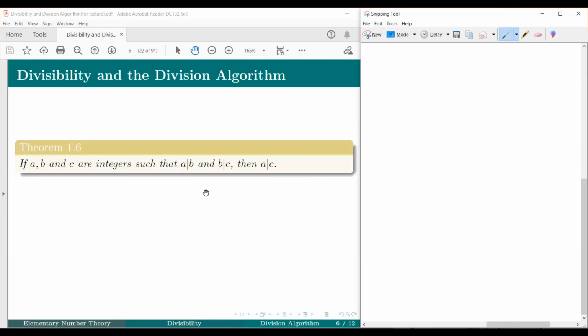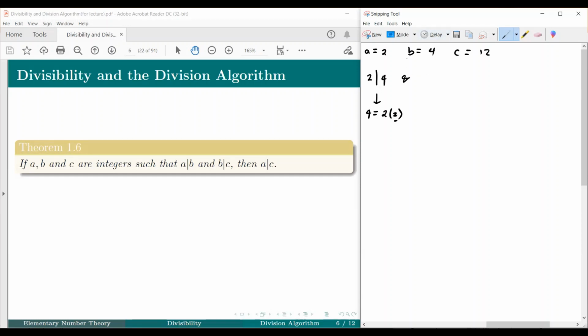So let's have an example. For example, we'll let a be equal to 2, b equals 4, and c equals 12. We know that 2 divides 4, so a divides b. Why? Because we can write 4 as 2 times 2, where our k here is 2.